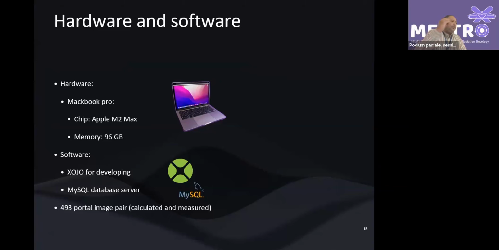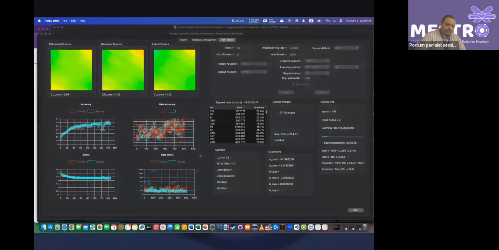I want to understand how things are done. So I use Xojo software for developing the application and a MySQL database to save the data. Currently we use about 493 portal images, and I'm going to show you results of these.